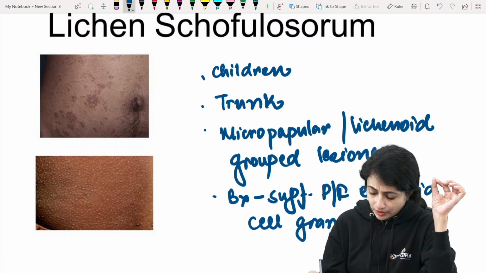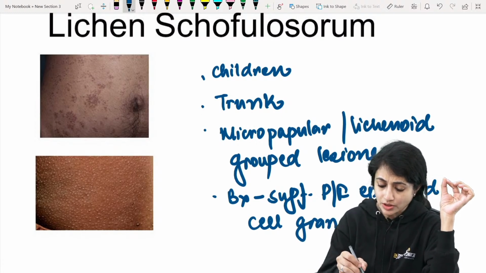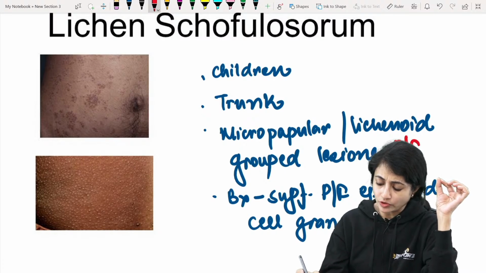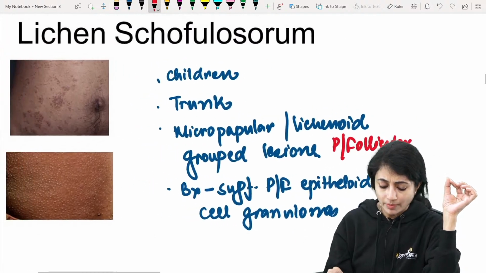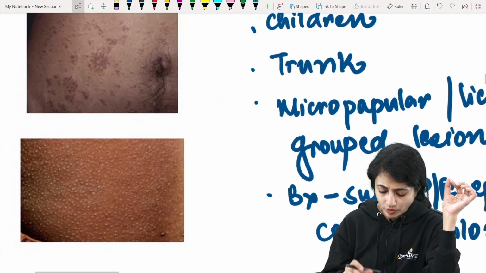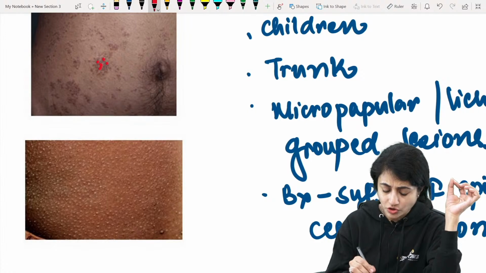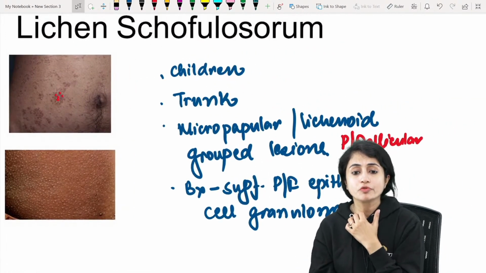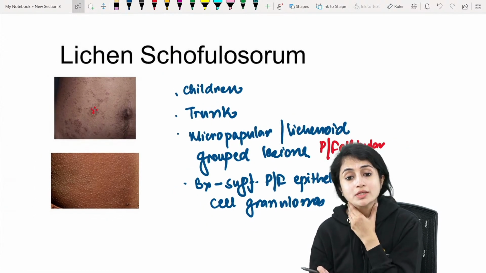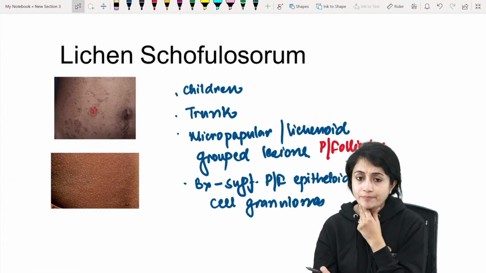Okay, so look at the image here. These lesions are also typically perifollicular. So lichen scrofulosorum has perifollicular, micropapular or lichenoid lesions which are arranged in groups, present on the trunk of children, and if you do a biopsy you see superficial perifollicular epithelioid cell granulomas.